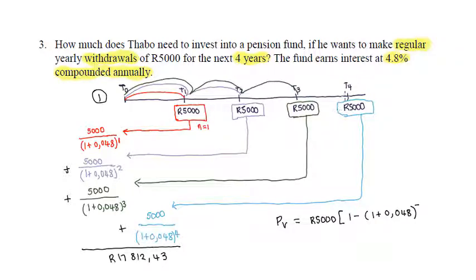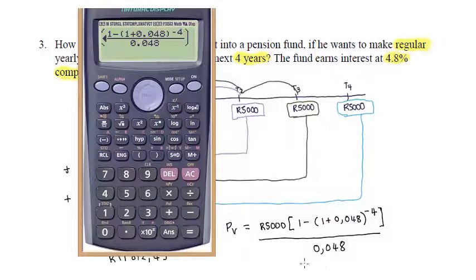But because this is a pension fund that you are withdrawing out of, it represents the number of withdrawals, which is a total of 4 in this case. That is divided by your interest, 0.048. If you plug this expression into the calculator, you get that the present value works out to 17,812 Rand and 43 cents.